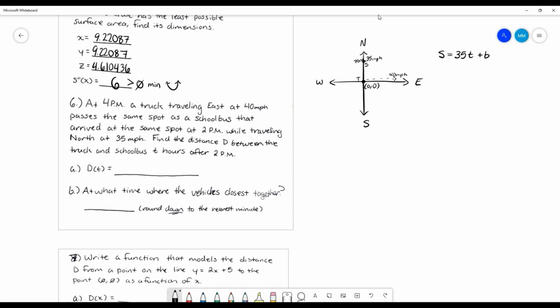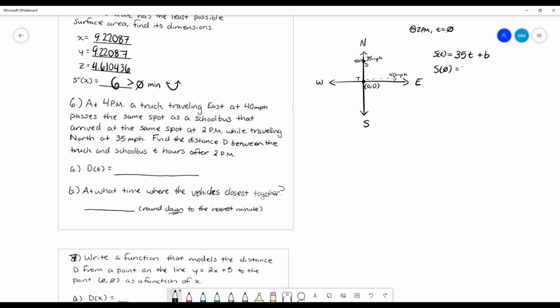So t is the hours after 2 p.m. So at 2 p.m., t equals 0. Well, I shouldn't just write that as s, it should be s of t. I know at 2 p.m., my school bus is at 0, 0, right?